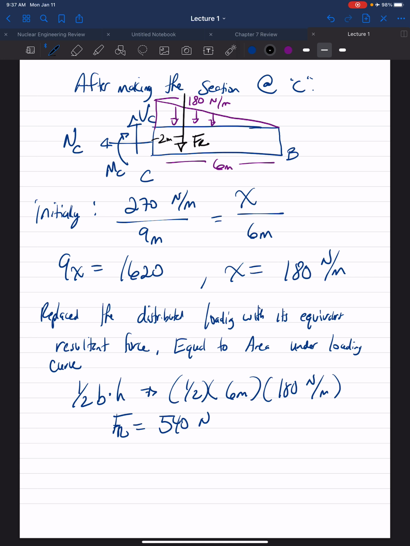So we go to chapter 4. This is page 186 through 187 for our support reaction table.